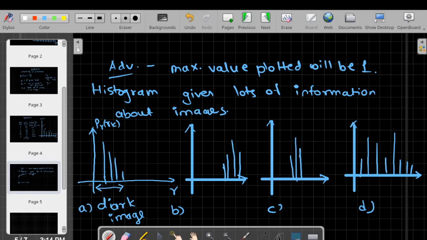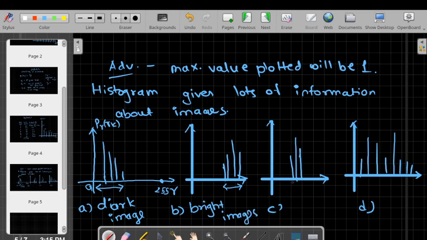gray level. So this is gray level 0 and this will be the maximum gray level. Suppose for an 8-bit image the maximum gray level will be 255. So here we can observe the maximum number of pixels are towards the darker side of the gray levels. That's why the first histogram belongs to a dark image. In the second case, the number of pixels are concentrated towards the bright side of the gray levels. That's why the second histogram belongs to bright images.